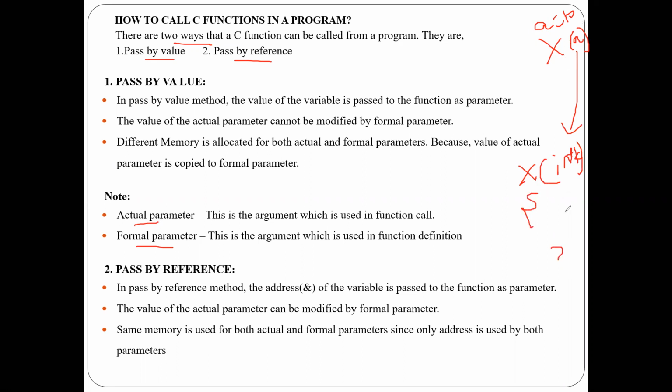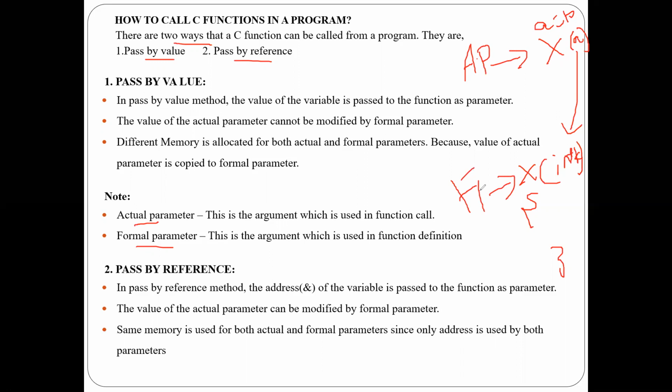Now what is going to happen? This a, used whenever you call the function, is what is called the actual parameter. When it is received in the function, that is what is called a formal parameter. So here we are talking about pass by value and pass by reference. Remember, pass by value means the actual parameter cannot be modified by the formal parameter.